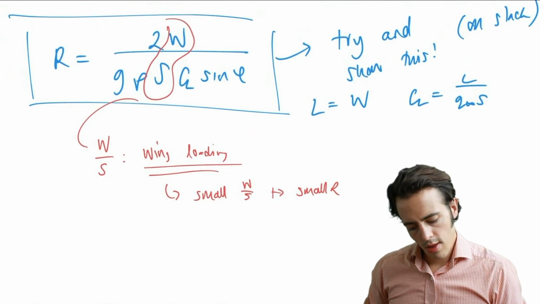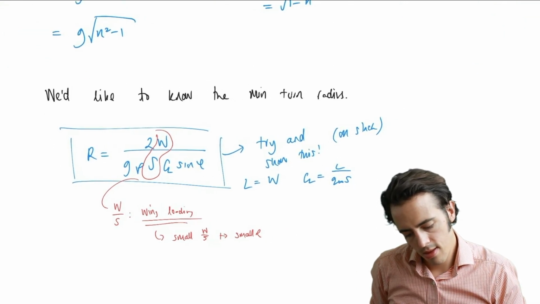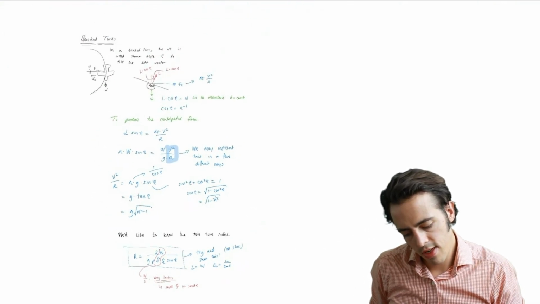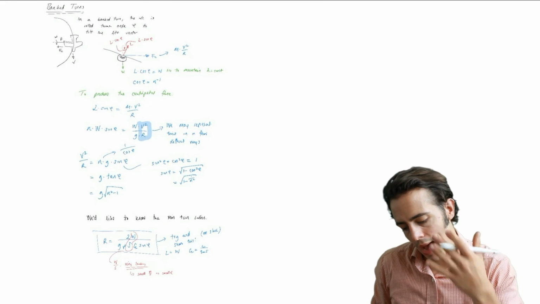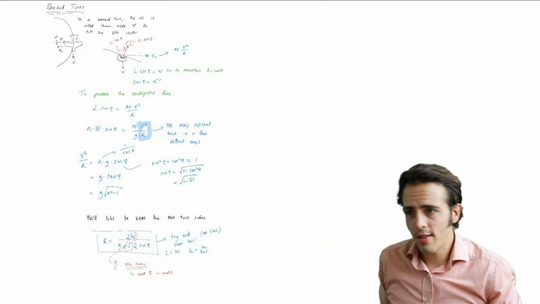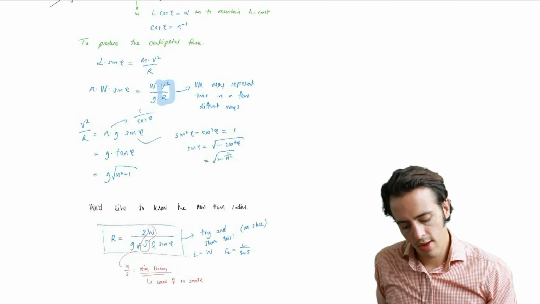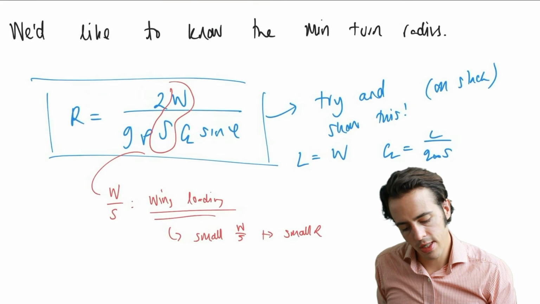So that's defining our different ways that we can calculate banked turns, and I spoke about flat turns and why we don't use them, but what we calculated there is conditions that give us the turn radius based upon different things.